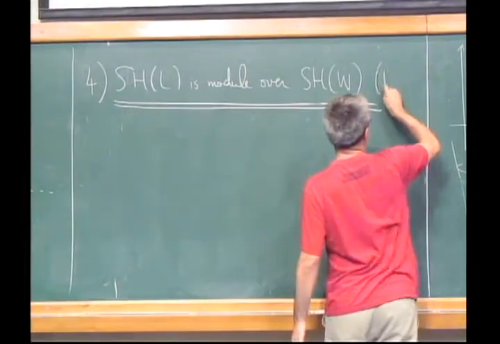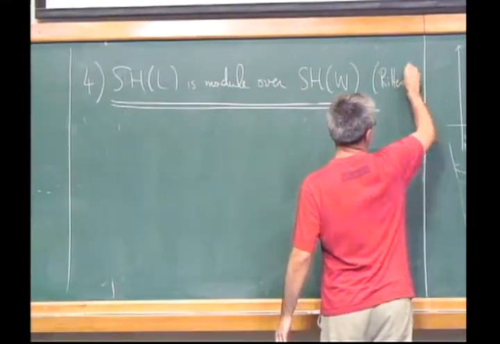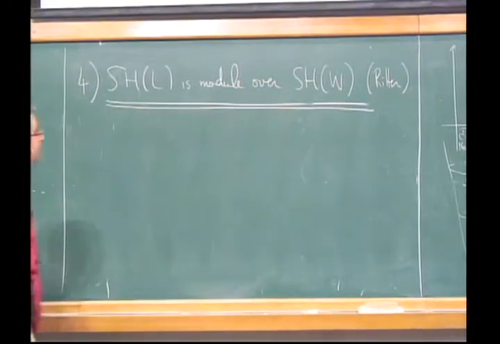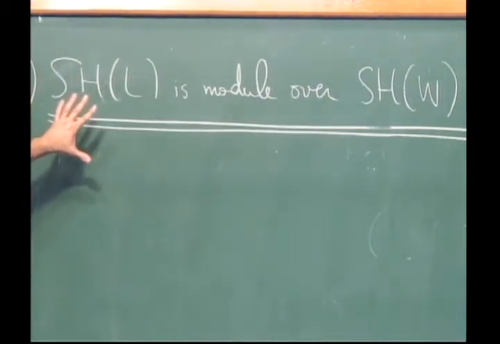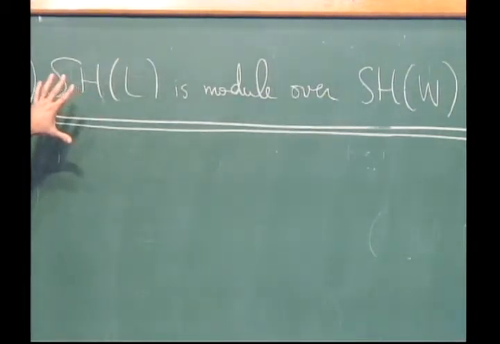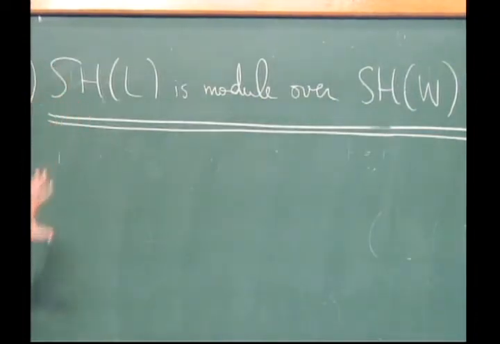This is proved again by Ritter in his paper, and he said it had been observed by other people before. So this property will be most useful in order to show that the Arnold chord conjecture holds.